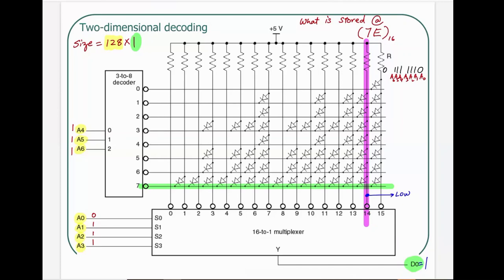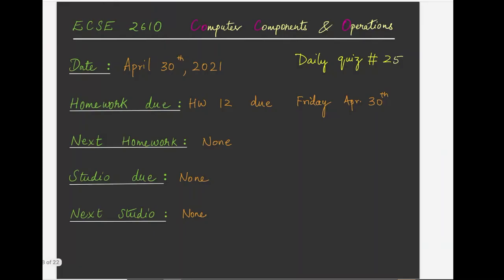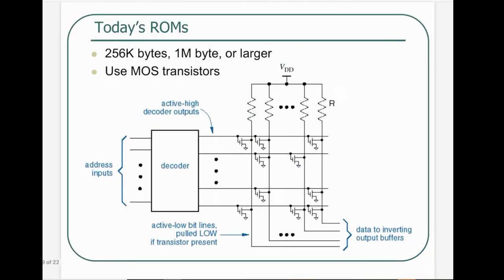Now, diodes tend to be very big, and they're not extremely fast in terms of their switching on and off. So a better alternative to the diodes is MOS transistors. Today's ROMs can be as small as 256 kilobytes, but they can be as large as maybe 4 megabytes or 8 megabytes per ROM chip.